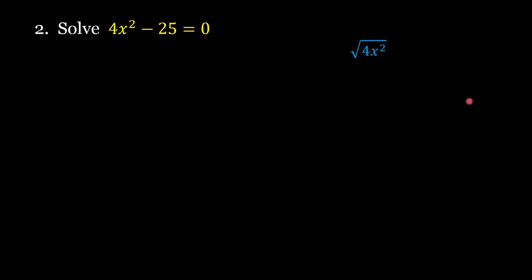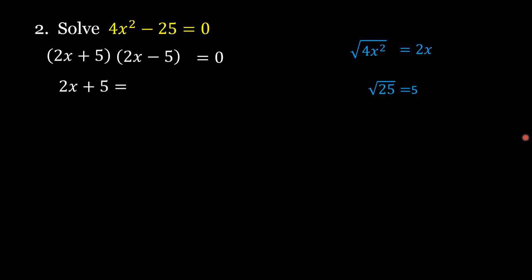The square root of 4x squared is 2x because 2x times 2x is 4x squared. And the square root of 25 is 5 because 5 times 5 is 25. So the sum of this and the difference of this. 2x plus 5, 2x minus 5 is equal to 0. This is the first factor and this is the second factor. Equate each of them to 0.